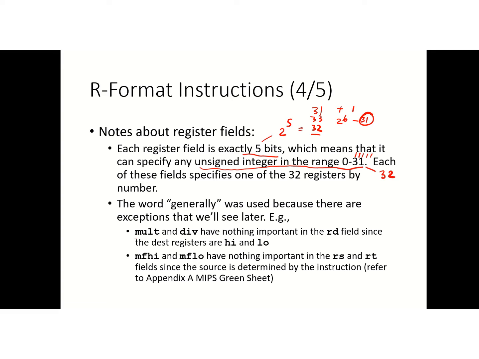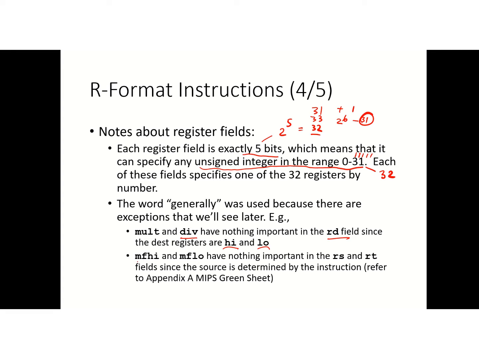For example, multiplication and division have nothing important in the RD field since the destination registers are high and low. You would learn this using multiply and divide during the lab session.